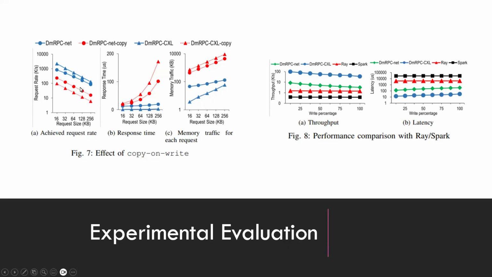For copy it's in a range of hundreds, for the not copy version it's in a range of thousands, so 10 times. And the same with the response time. It jumps from almost 0 nanoseconds to 200. The request size is much less because they copy only the reference, nothing more.